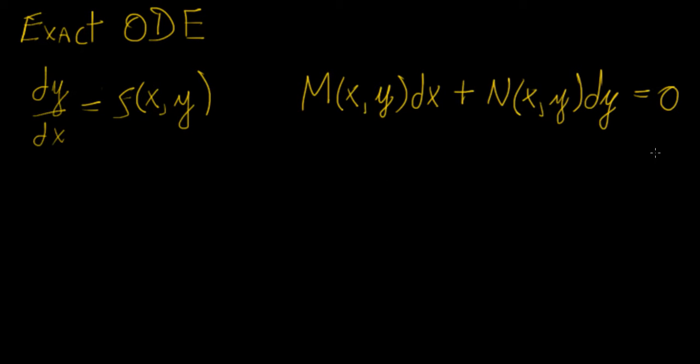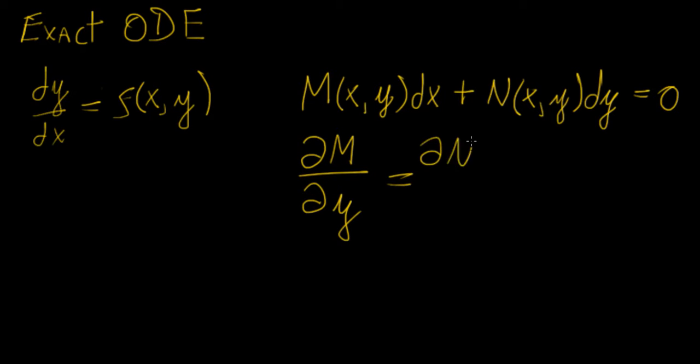So we say that a differential equation of this form is exact if the following condition is satisfied. If we take the partial derivative of M with respect to y and the partial derivative of N with respect to x, and both of them are equal, then we conclude that this is an exact ordinary differential equation.